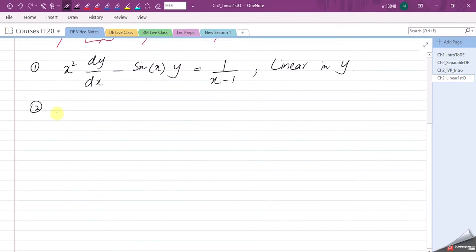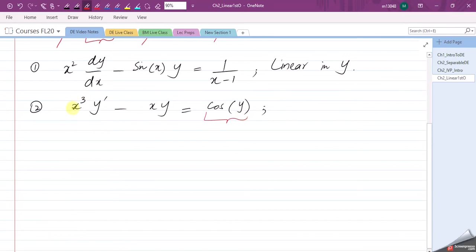Okay, how about this one? x cube y prime minus xy equals cosine of y. Is it linear in y? Clearly there is a problem. This thing is a problem, cosine of y.